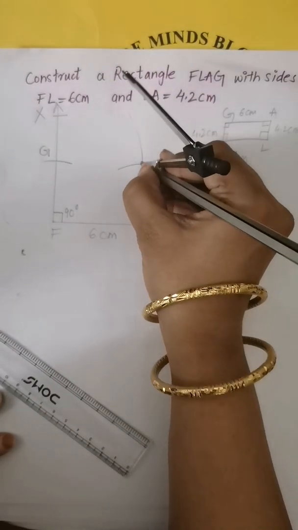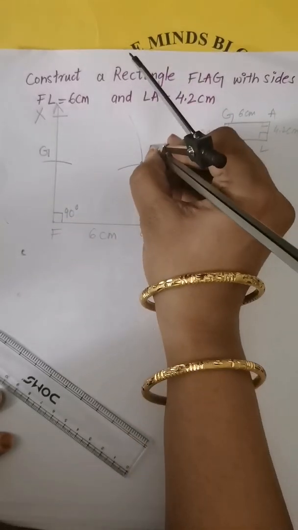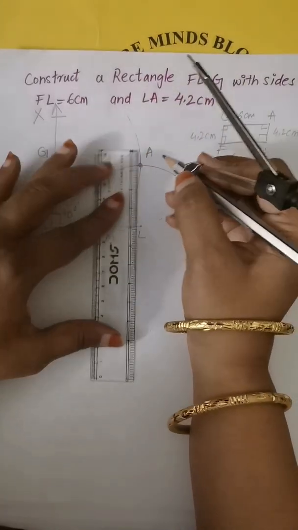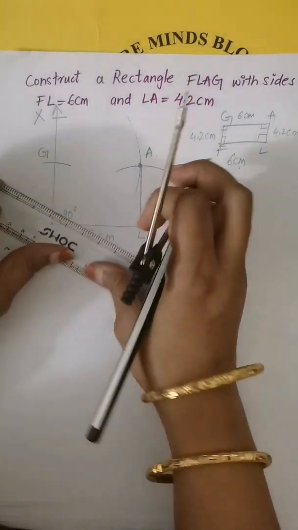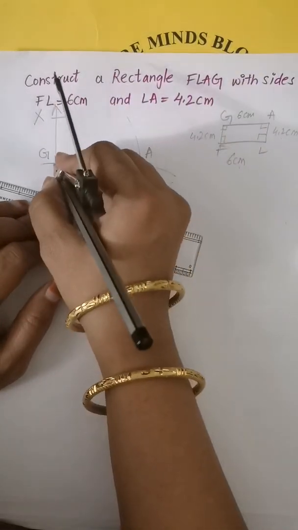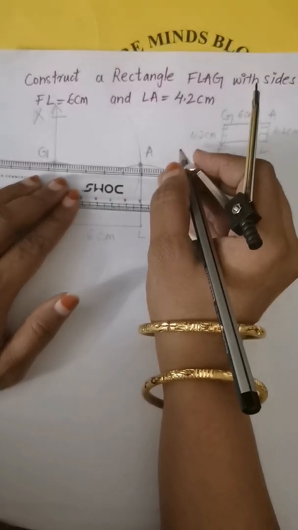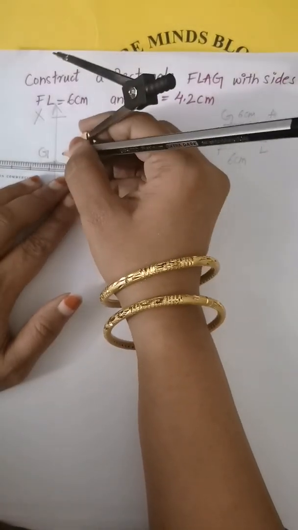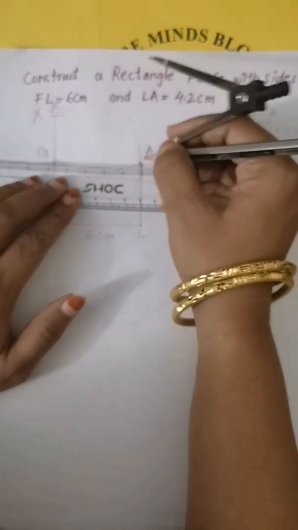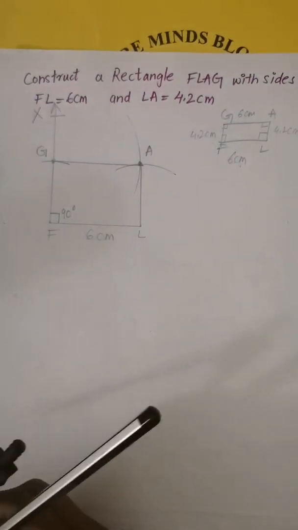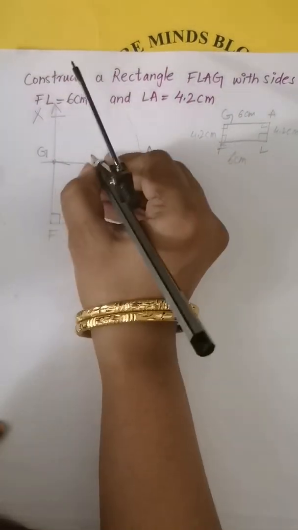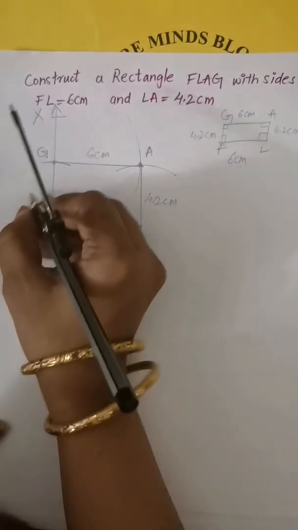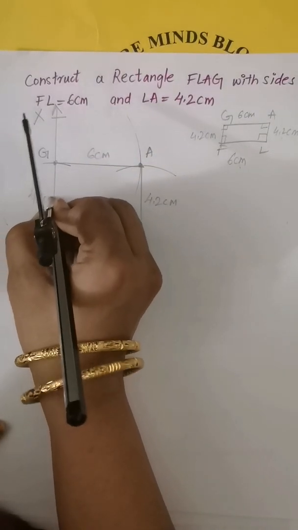Name the intersection as A. Join AL and GA. The required rectangle is formed. This is 4.2 centimeter. This is 6 centimeter. This is also 4.2 centimeter.